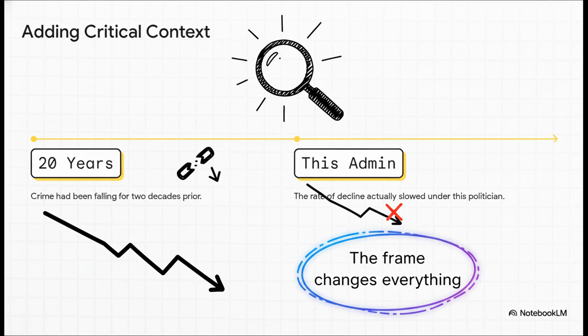Well, here's a timeline of the crime rate over the last 20 years. And what do we see? We see that crime has actually been falling consistently for two decades. In fact, if you look closely, the rate of decline actually slowed down under this particular politician. So, was that 30% drop real? Yes. But the story it told all by itself? Completely false. The frame changes absolutely everything.